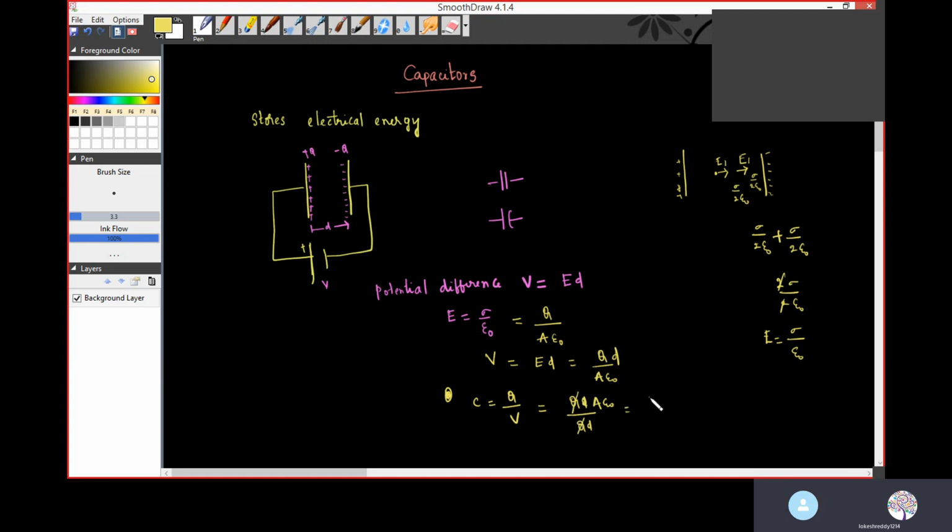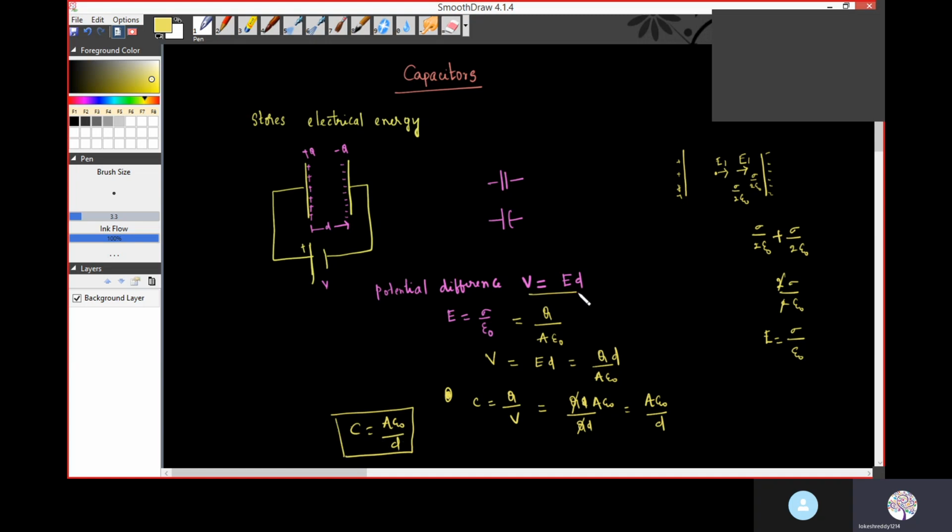Q gets cancelled. You will get A epsilon naught by D. So C is equal to A epsilon naught by D. The capacitance is equal to A epsilon naught by D.